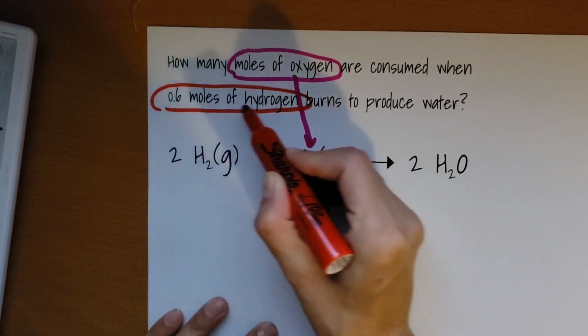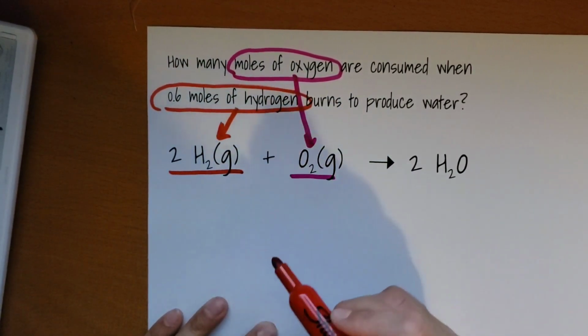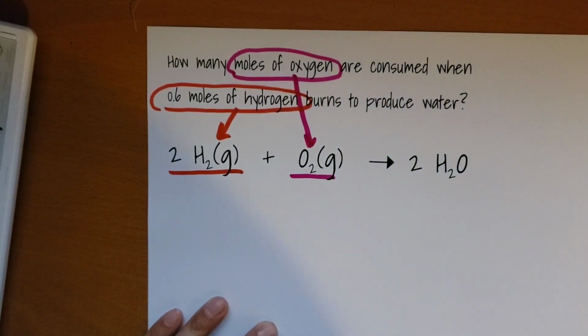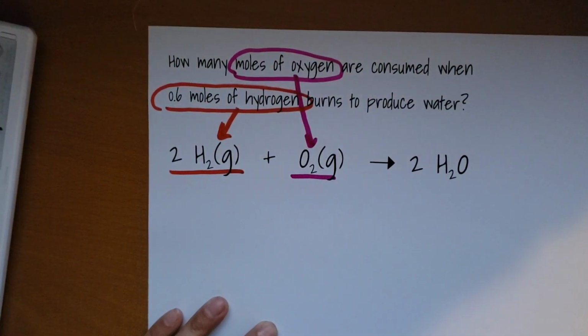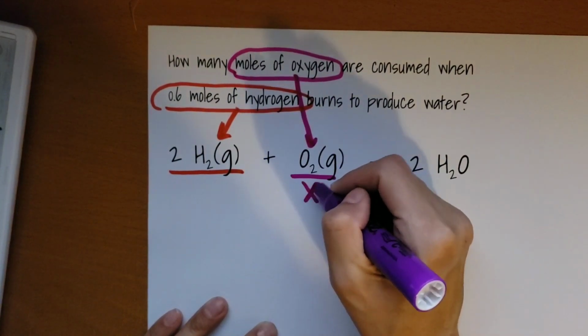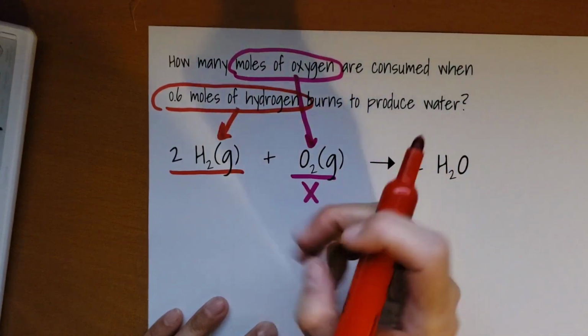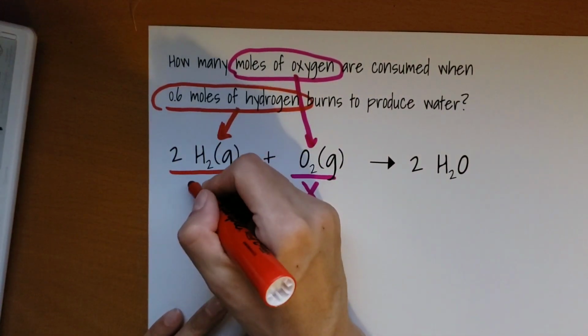So I'm going to find the hydrogen. Here it is, and I'm going to underline it here. So again, the question says, how many moles of oxygen? So oxygen is our X, and we can see that we have 0.6 moles of hydrogen.